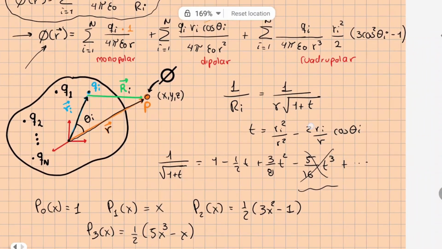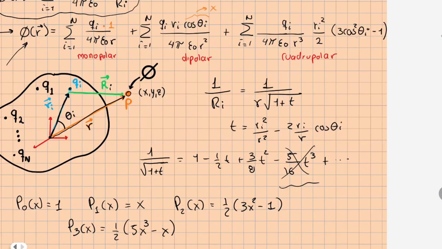If cosine of theta i is equal to x, then we will have here 3x squared minus 1 over 2, which is what we have here. So this will be equivalent to 3x squared minus 1 over 2.